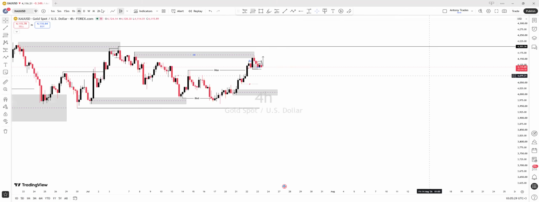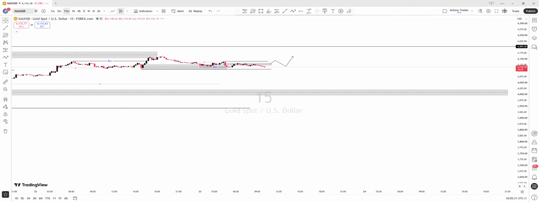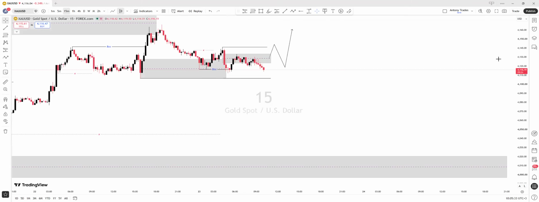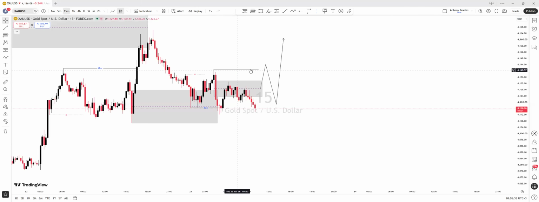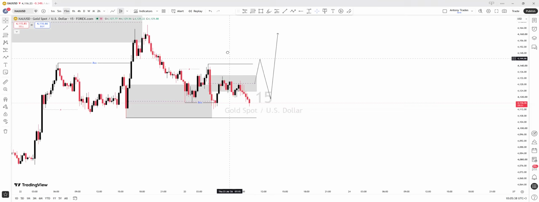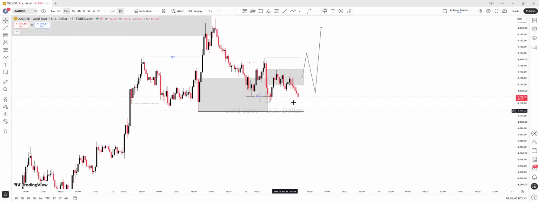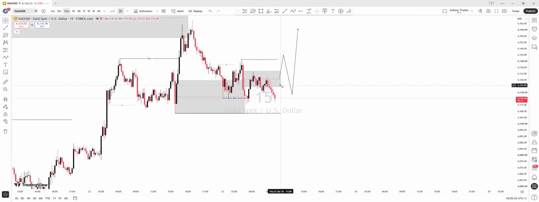All right. So currently from the 15 minutes time frame, that is what I was looking at on gold today. Either this high to be taken out and I look for buying opportunity, or this low to be taken out and I look for selling opportunity. So I would like you to have eyes on those areas, because don't forget we also have this order block here where we are currently inside.